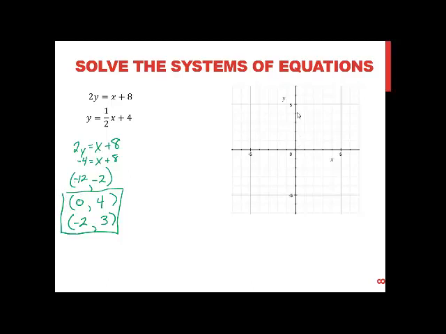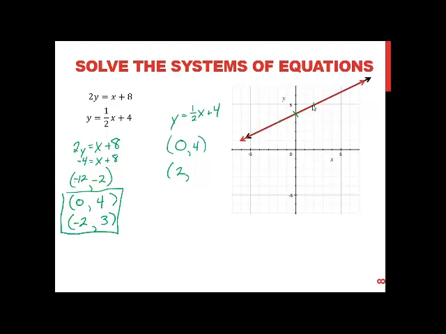So 0, 4 is right here. Negative 2, comma 3 is right there. Now let's try this one. We'll go ahead and graph that. There we go. So y equals 1/2 x plus 4. Try 0, and that gives us a 4. Oh, we may have found our place. Then let's try a 2. 2 comma 1/2 times 2 is 1, plus 4 is 5, so 2 comma 5.